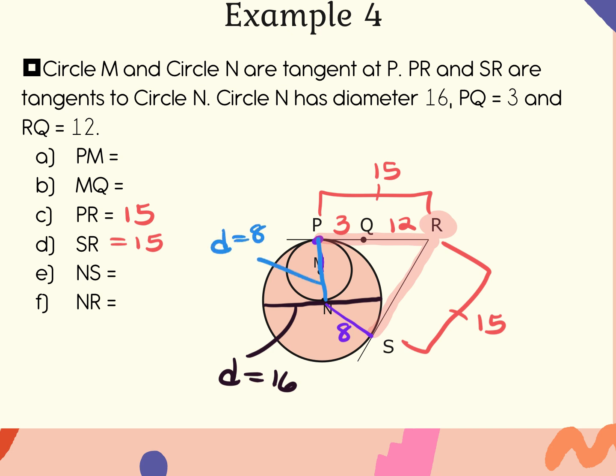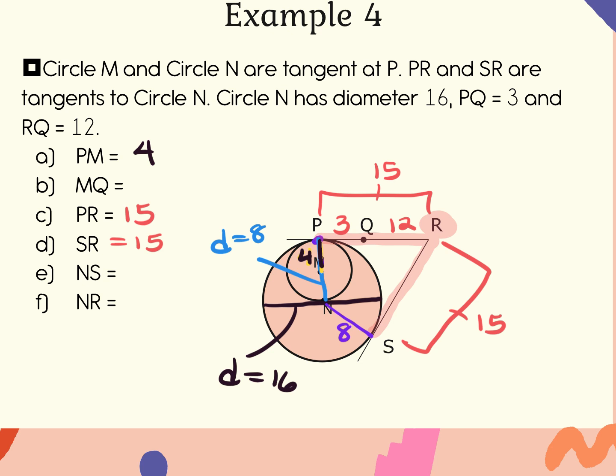So this diameter is 8, making PM half of that. So this little piece here is actually going to be 4. Let me do that in black. So this is 4.